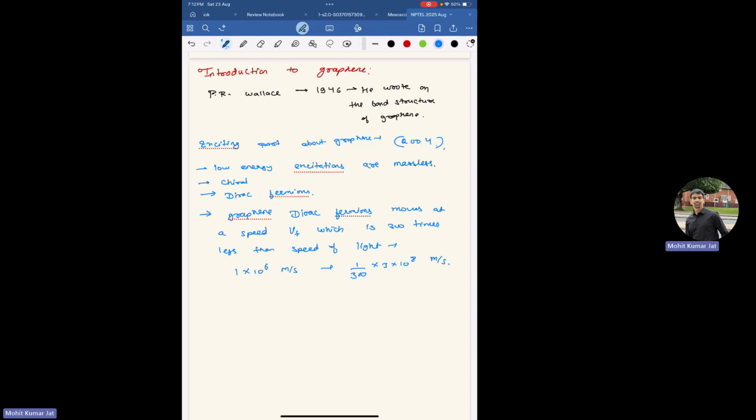So there are different phases which you can tune by applying gate voltage, and of course by tuning twist angles. That's why it has become very important to understand the electronic dispersion of graphene, the tight binding models of graphene, which eventually give rise to this exotic physics.